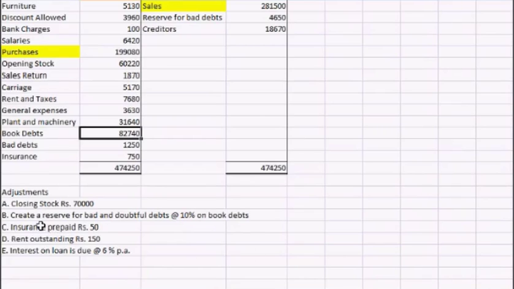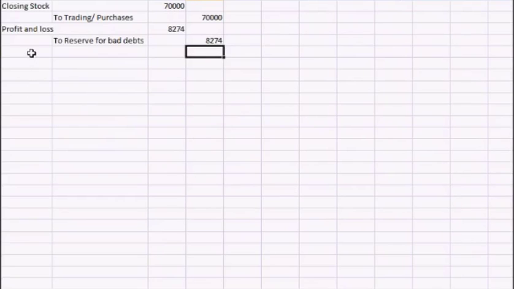So prepaid insurance can be called an asset, and that would cause a debit, and the account which would be credited is the insurance account, with the amount of rupees 50 as given in our question.